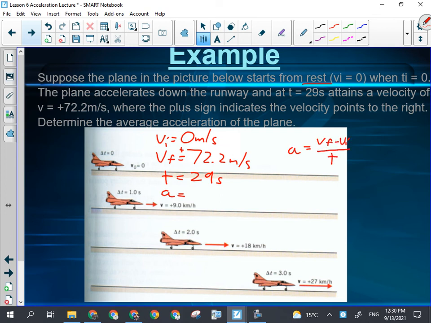This one here. Do I need to manipulate it? It's already set up to find what they asked me to find, which is A.